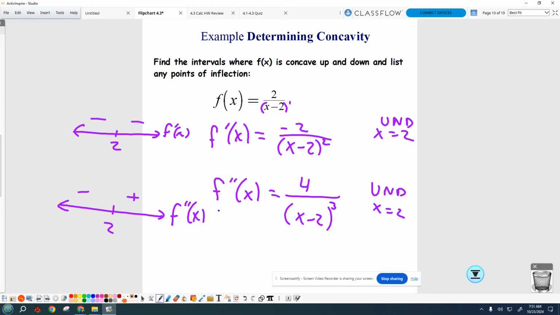Thank you. So, Evan said the function is concave up from 2 to infinity. Why? Because f double prime is greater than 0. Why is it concave down there?